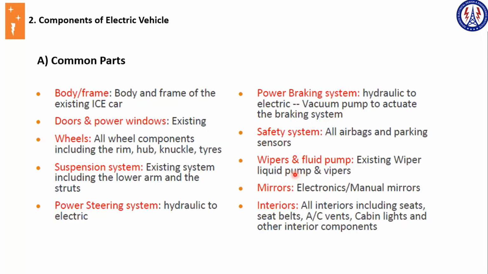Then your wipers and pumping machines, the fluid to flow within the vehicles, right? It is also needed. Mirrors, yes, required in both the vehicles. Interior, which includes your seats, the vents, the cabin lights, and comfort, everything needed for the user, right? And these are the common parts between both the vehicles.